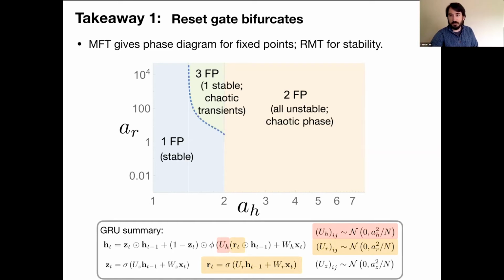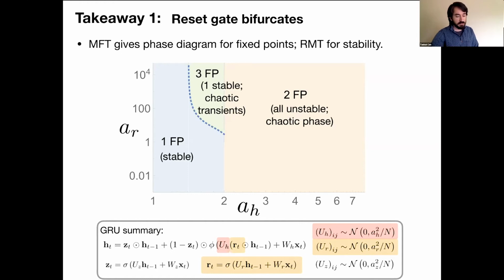Now we can use the random matrix theory results to give us the stability properties of these fixed points. Obviously, that determines the dynamical properties. In the yellow region, all the fixed points are unstable, and really the only alternative is chaos, and that's indeed what's observed in the dynamics. So that's the chaotic phase.